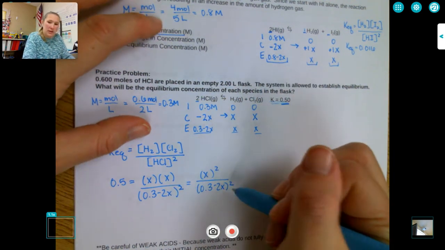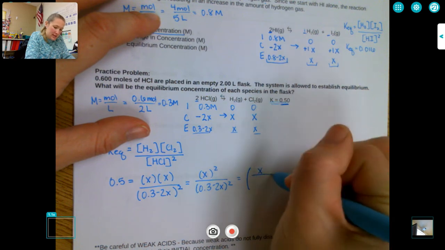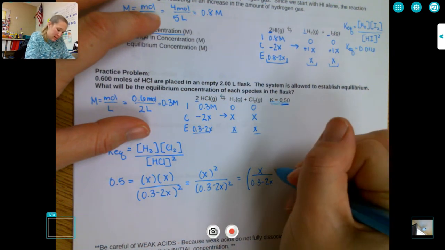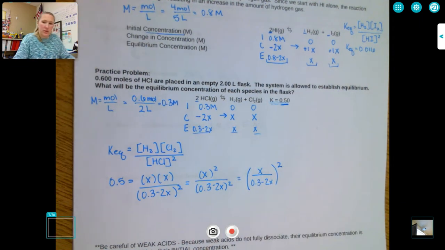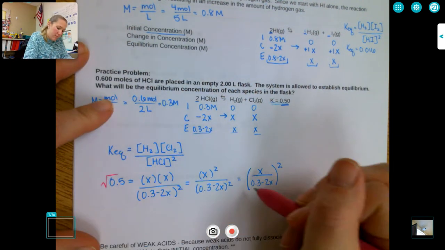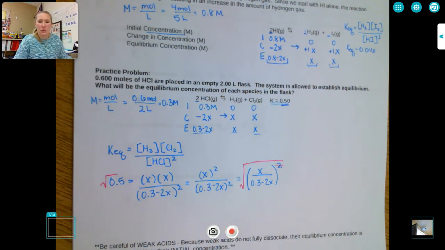And when I have a square on the top and a square on the bottom, I could also write this as x over 0.3 minus 2x, squared. Okay, so what that does is that means I can take the square root of both sides and get rid of my square there.